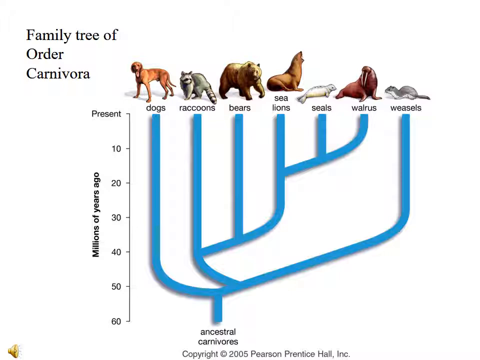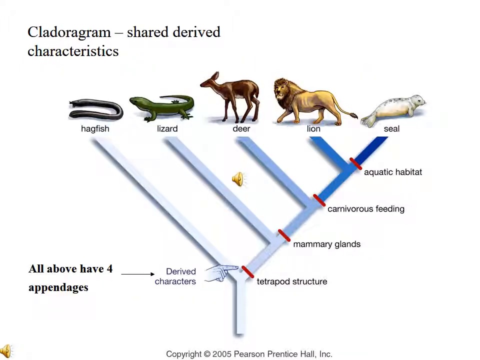And so we can see how one organism is the ancestor to another organism, and the evolutionary tree is often depicted in this fashion.